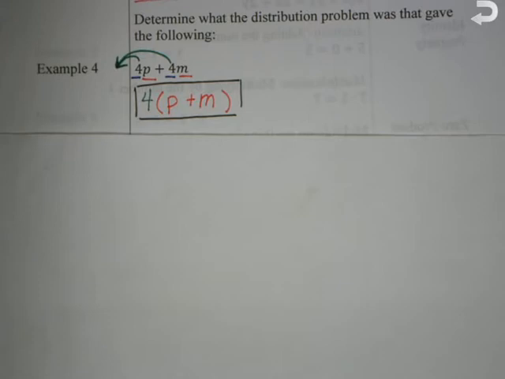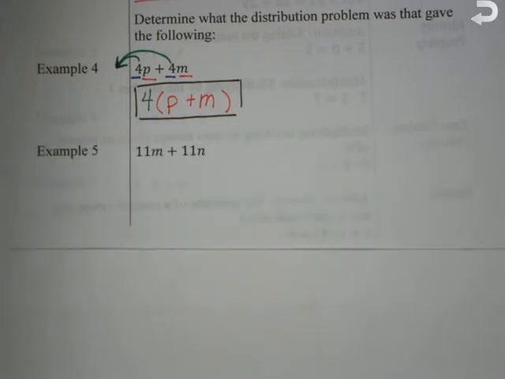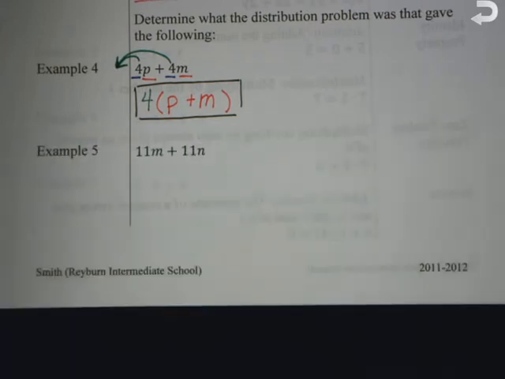Okay, last example, example 5. We're going to undo the distributive property. So my first step is to underline the common factor. What's the common factor here? 11. So we're going to underline 11.